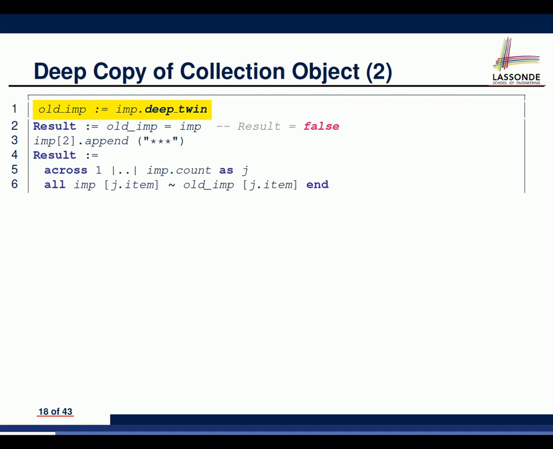Now I want you to picture how the copy is going to be made, and also how the object structure will be changed, if any change is going to happen. Just give me another 10 seconds, and then we can first show the diagram of the deep twin, and then we'll see how the second level change is going to affect anything.